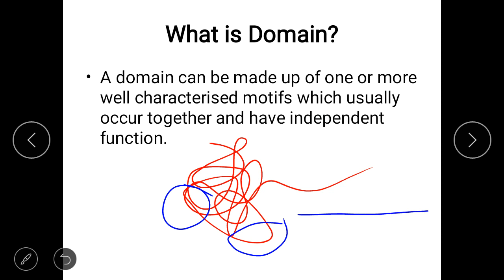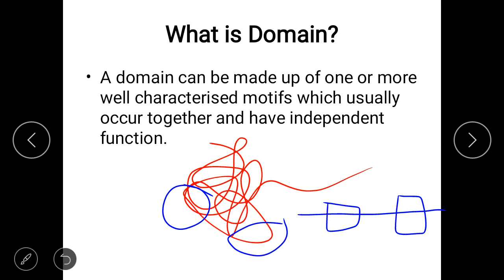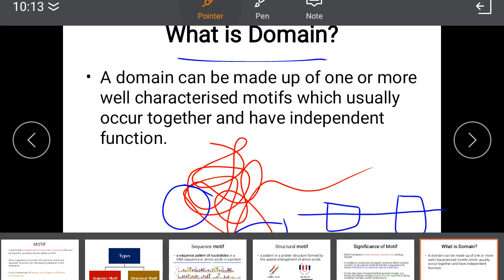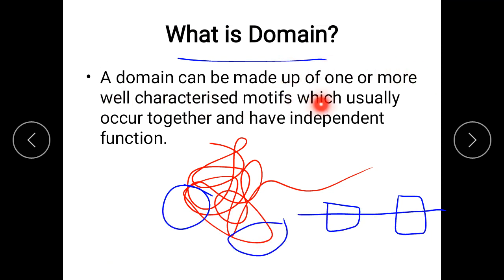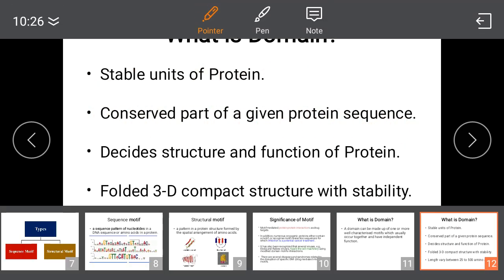If you take this entire protein sequence, this is the first motif and this is the second motif, and they are independent and can form a specific domain. So a domain can be made up of one or more well characterized motifs which usually occur together and have independent functions. It is a stable unit of protein, a conserved part of a given protein sequence.